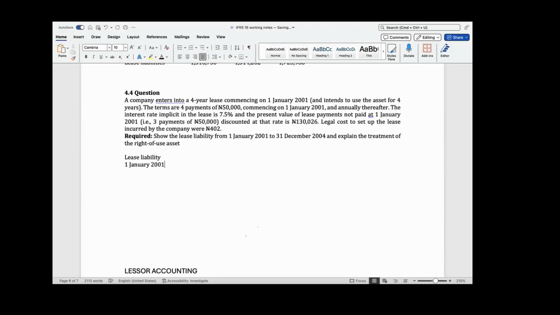So on 1st January 2001, our lease liability, the amount we are owing, is simply 130,026. That's the unpaid lease rentals. As the question has clearly stated, it's just the remaining 3 payments that we are owing, since on this same date we will have paid 50,000, the first installment.